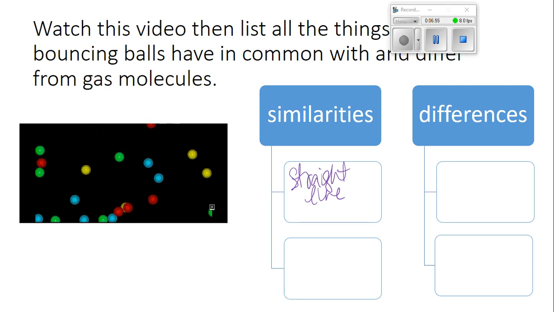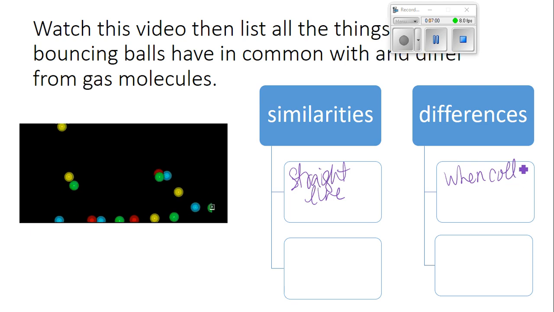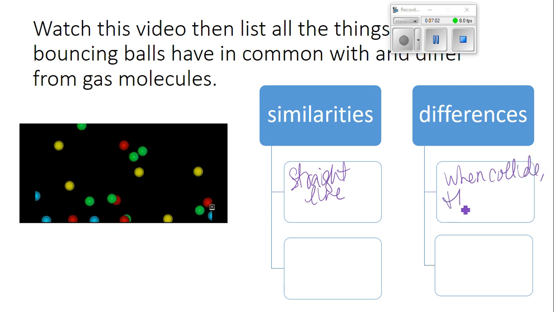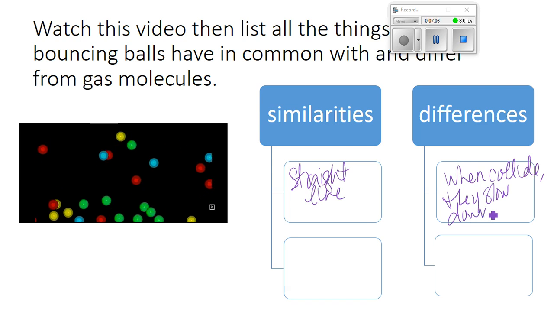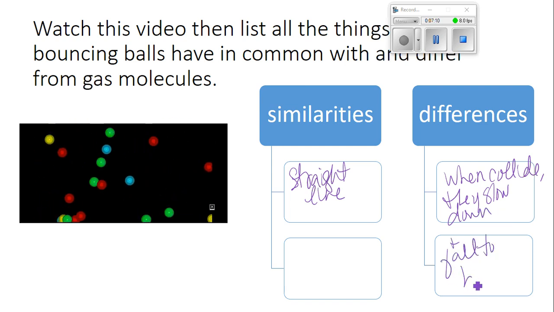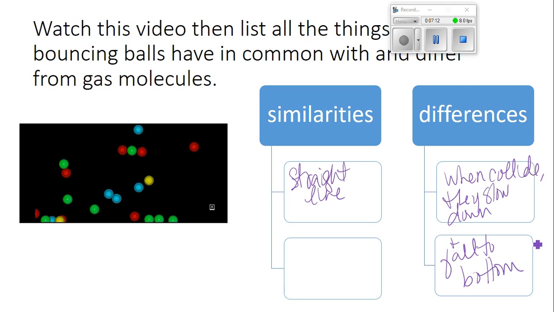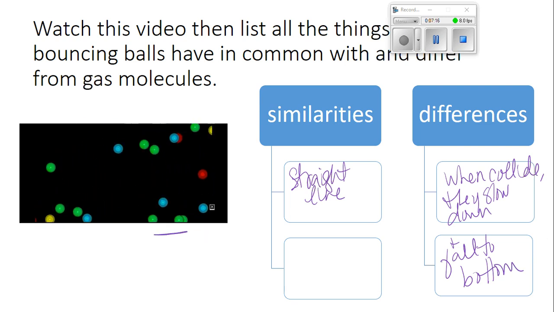But a difference that I'm noticing is that when they collide, they slow down and they almost fall to the bottom. See how some of them are just rolling along the bottom here? That's definitely something gas molecules don't do.